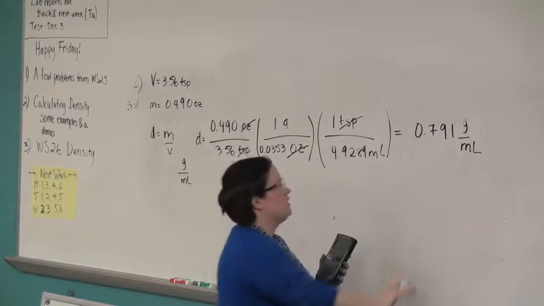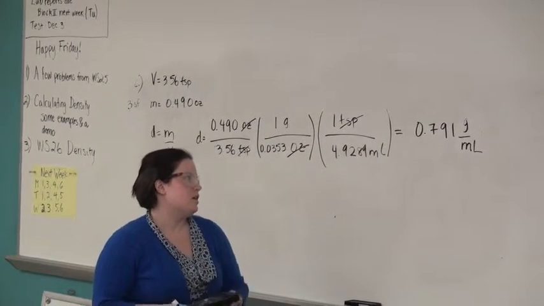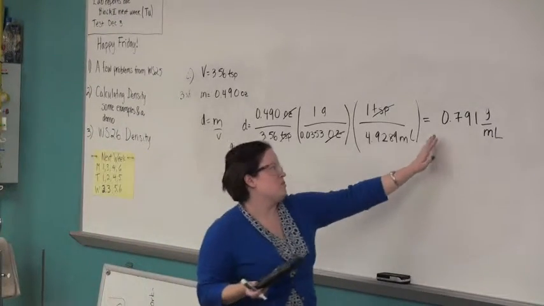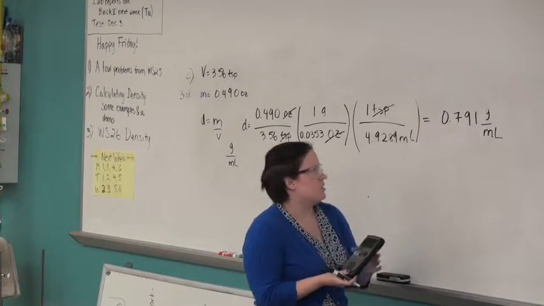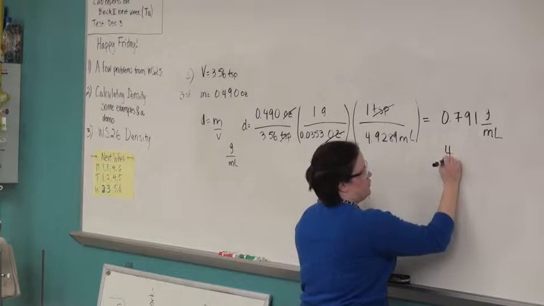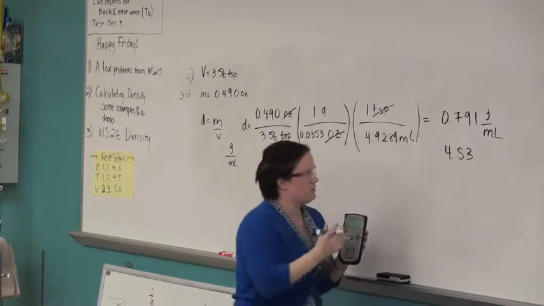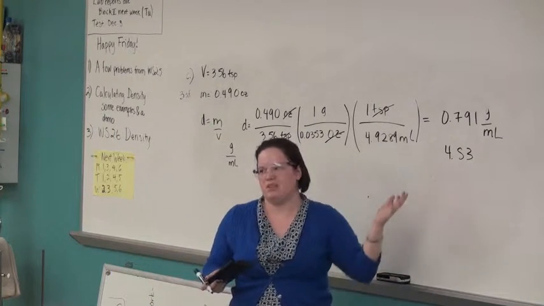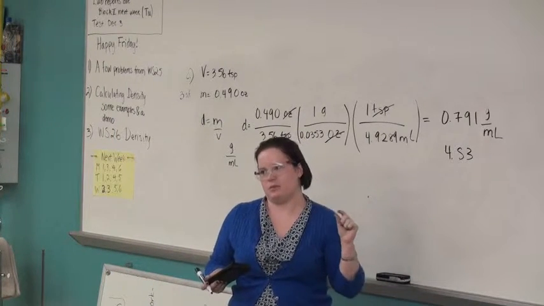All right, good. Now on a test, let's say you did all this, but somehow you punched the number wrong and you got, I don't know, 4.53 or something. If all of this was correct and you got the wrong number, you'll just lose a little bit of points.